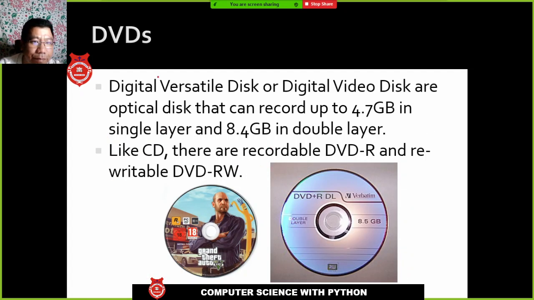We also have DVD, digital versatile disc or digital video disc, that can store up to 4.7 GB of data in a single layer and 8.4 GB of data in a double layer. The physical structure is the same as a CD, but it can store more data.